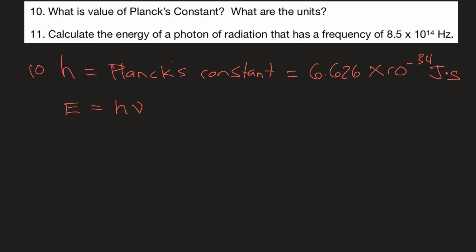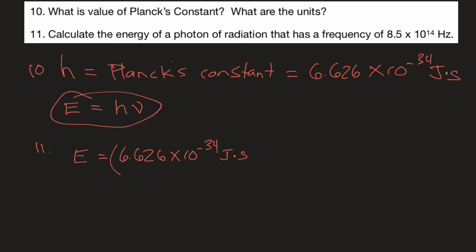As we go to solve problem number 11 now, where we're calculating the energy of a photon of radiation, that's this equation here. So I'm looking for energy. I know Planck's constant, 6.626 times 10 to the negative 34th joules times seconds.